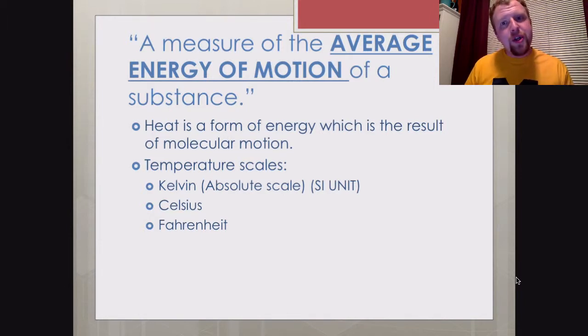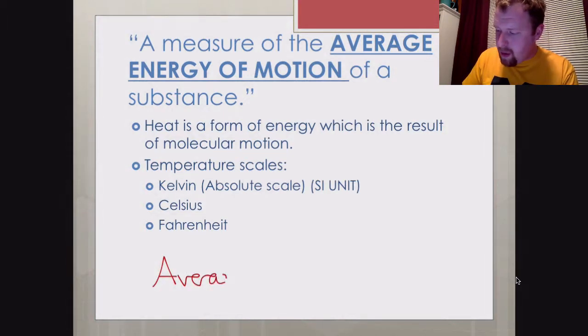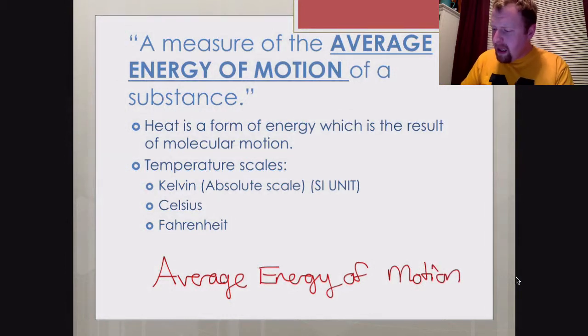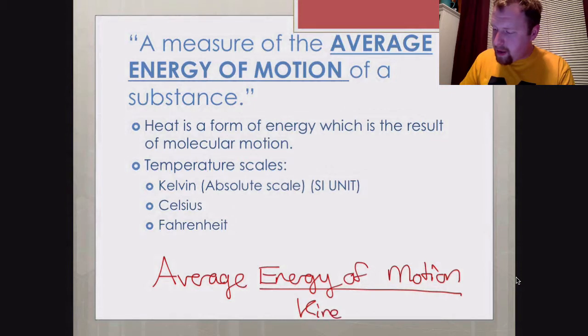Temperature is the measure of the, and here's the key idea, average energy of motion. We actually call the energy of motion kinetic energy. We're going to talk more about that later in Unit 5.